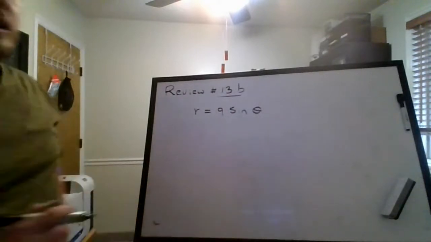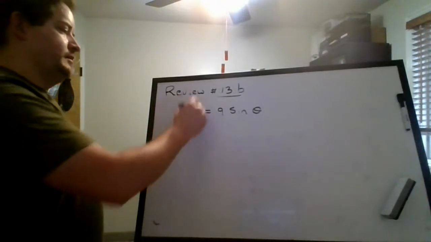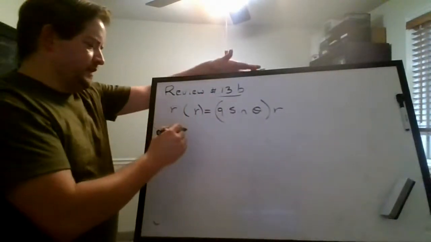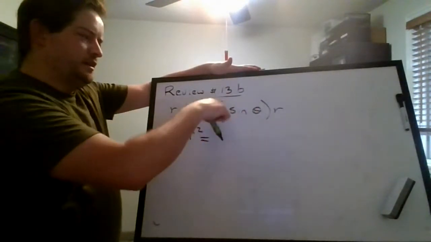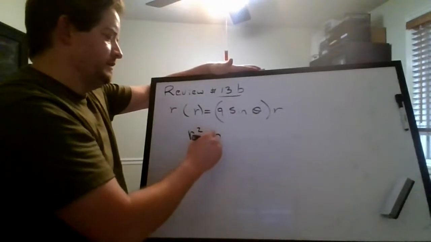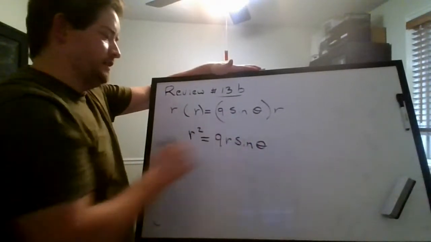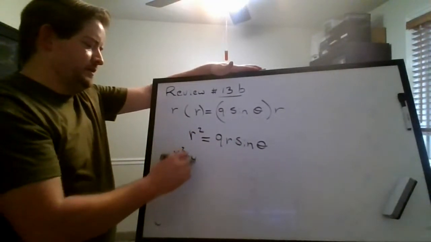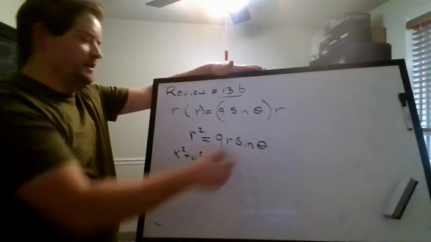In 13B, all I'm going to do is multiply both sides by r. Multiply the left by r, multiply the right by r. On the left, that gives me r squared. On the right, I'm going to write the r between my 9 and my sine because I want to see this 9 sine of theta, or sorry, r sine of theta. Because r squared is x squared plus y squared, and r sine theta is y, and I'm done.